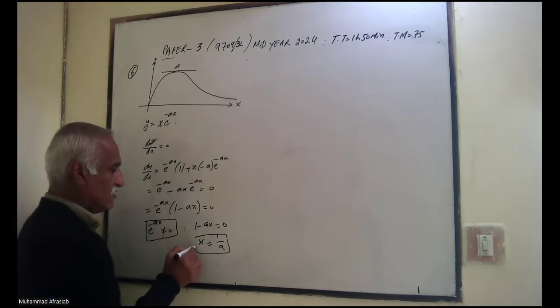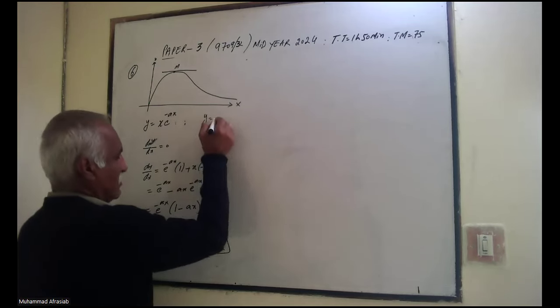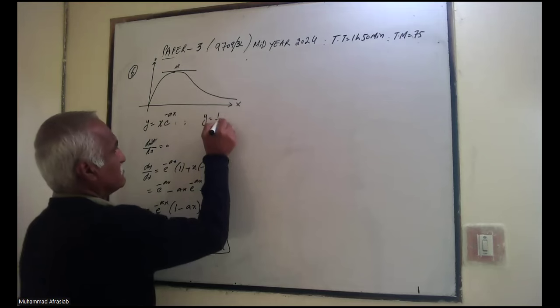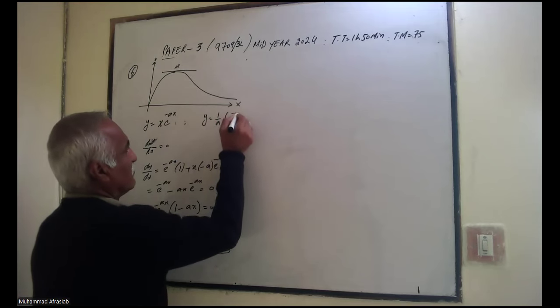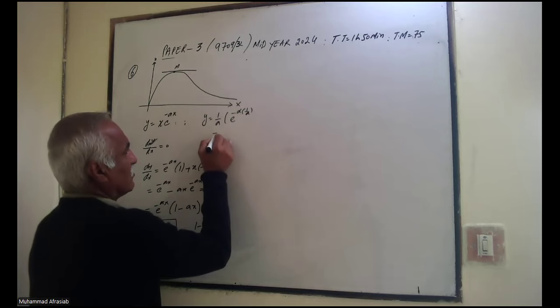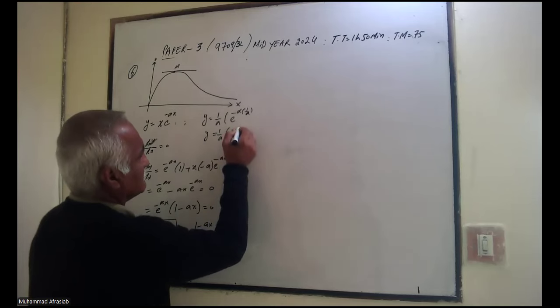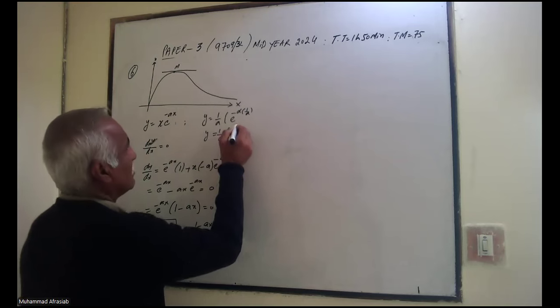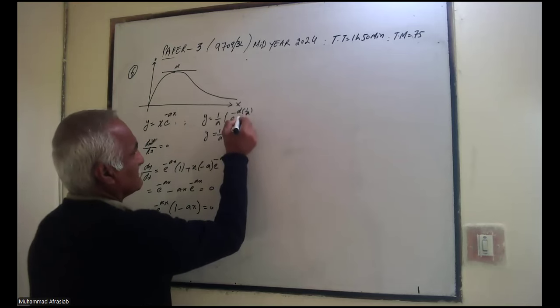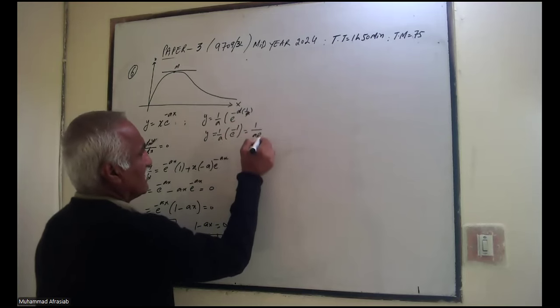So the value of y will be x which is 1 over a, into e power minus a into 1 over a. So the y value is equal to 1 over a into e power minus 1, or it is equal to 1 over ae.